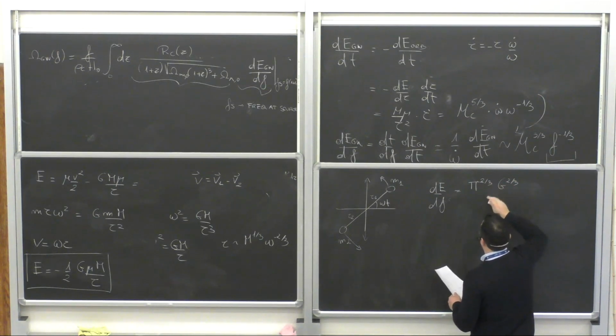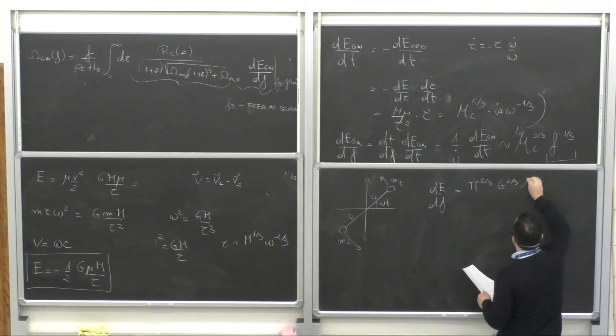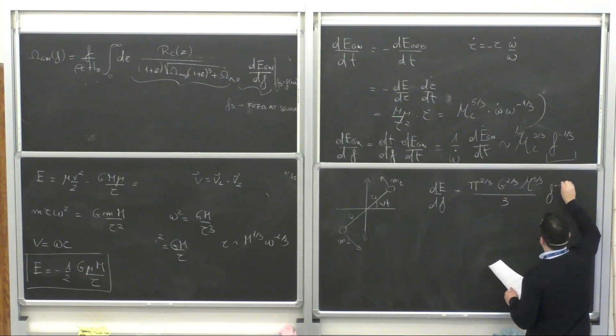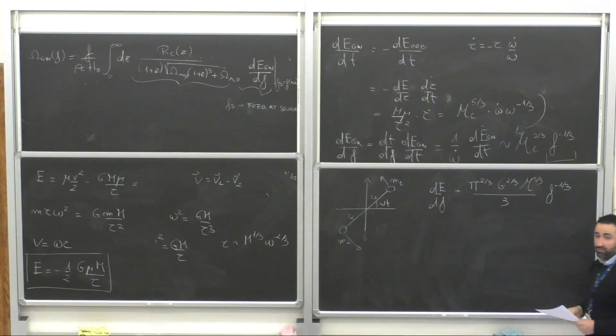I left away these terms, but you can even get them from dimensional analysis, times f to the minus 1/3. So if you do the exact calculation, this is what you get. Not so different from what I get in five steps.